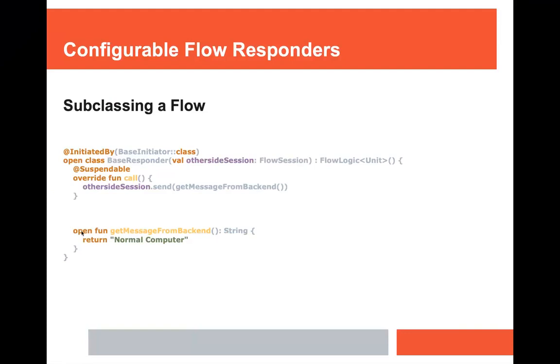If you're the app developer, you can make an abstract flow and only have the abstract method that should interact with the backend open, or just as in this case, just make sure the method's open. Most methods, by default, won't be overridable. You have to make them open. In Kotlin. Yeah. And in Java, you can make your methods protected or whatever it's called. I mean, all this does is it allows Corda to do what every other kind of developer does normally, right? You wouldn't create a brand new class every single time you want to make a small change. This just brings it to Corda, basically.